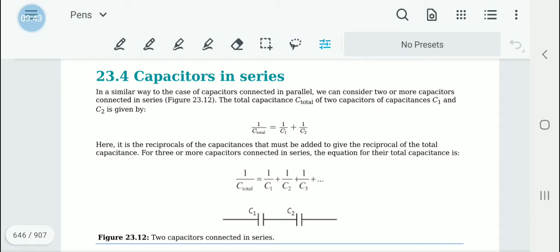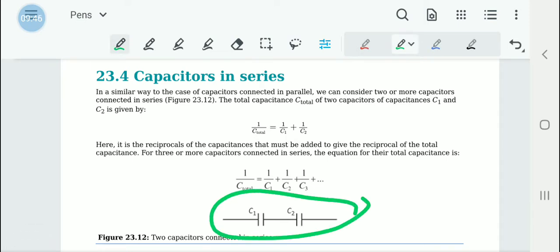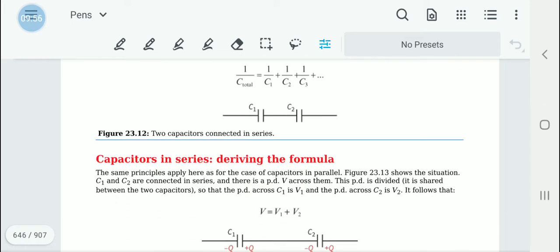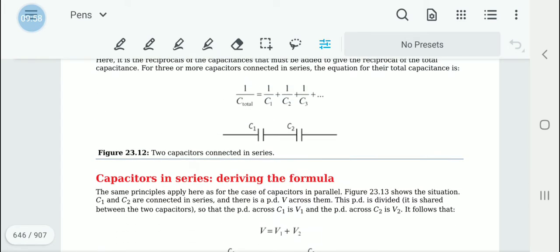Please draw this first. This is how you connect them in series. And after that write down 1 upon C total equals 1 upon C1 plus 1 upon C2. So obviously you understand that if there are more, it is 1 upon C3, etc. You have to add.